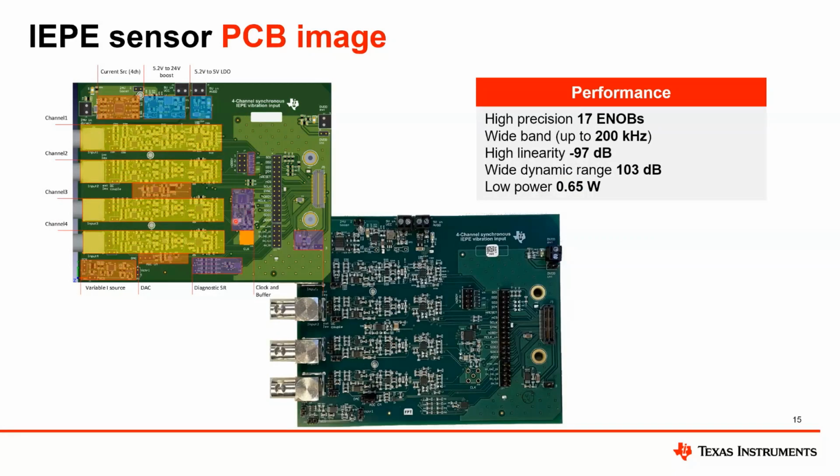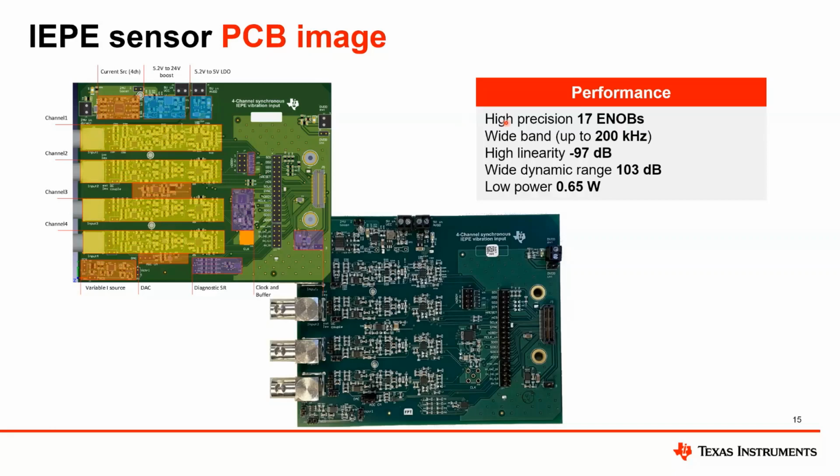Here we see the clocking and the buffering of the clock using the low jitter buffer, and the back connection here, the connector, is going to our PHI board. This is the capture card used for all our ADCs, which can be purchased easily with any of our single channel ADCs. On the top, we have the current sources and the power circuits.